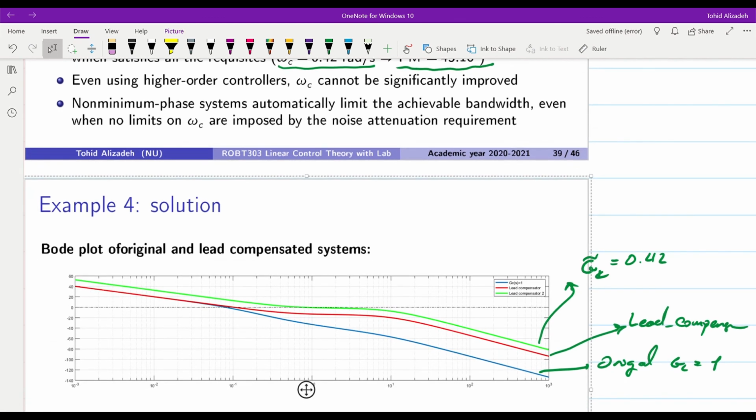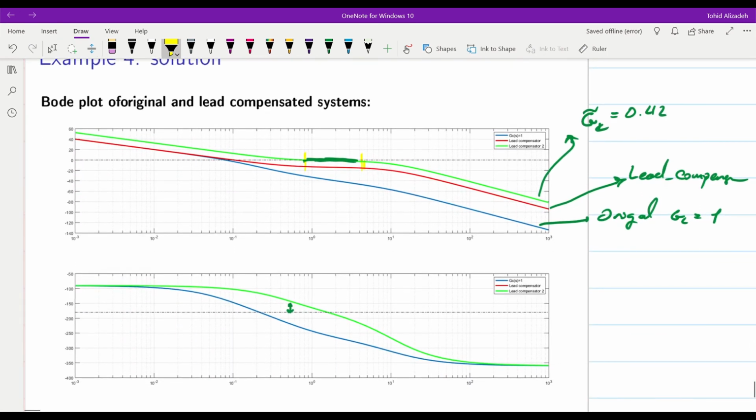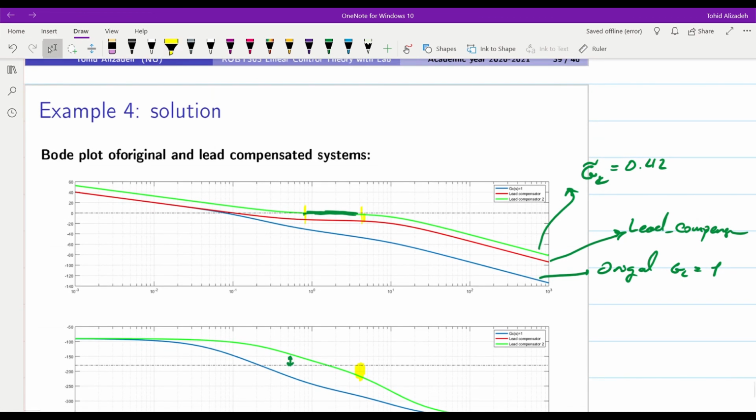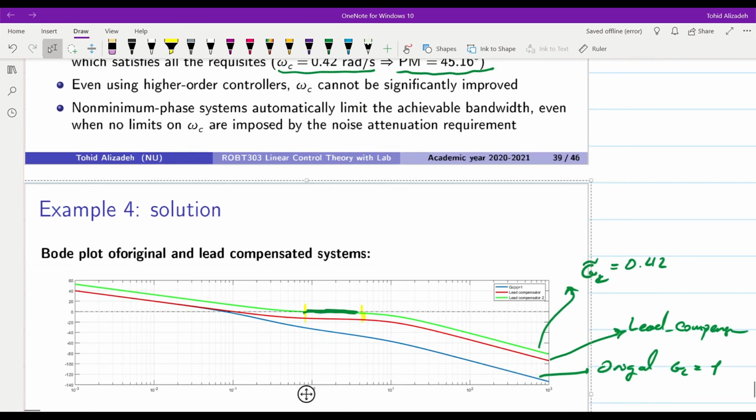If we try to increase the crossover frequency further, you see that we have the flat part of the amplitude plot over here. So the crossover frequency will jump from there to here, and if we are there, you see that the system will become unstable. So we are limited in terms of the maximum crossover frequency that we can obtain. You can try to add higher order controllers.